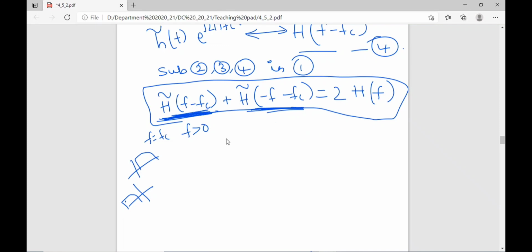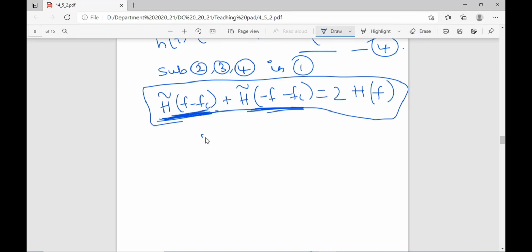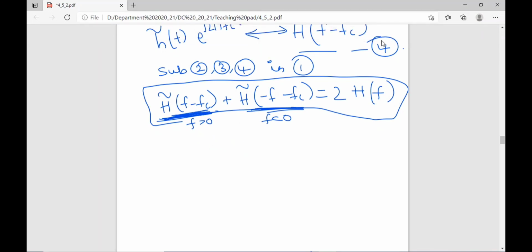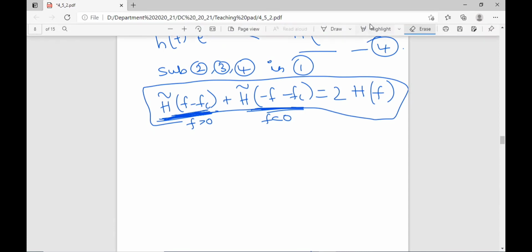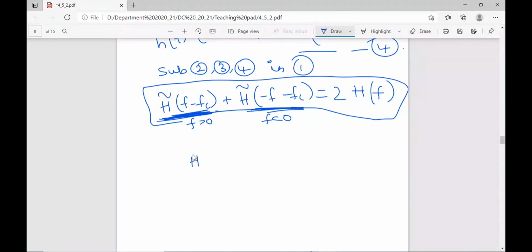You can write this as 2 h of f, where this is for positive frequencies and this is for negative frequencies. First I'll write this one only: h tilt of f minus fc, which is equal to 2 times h of f.